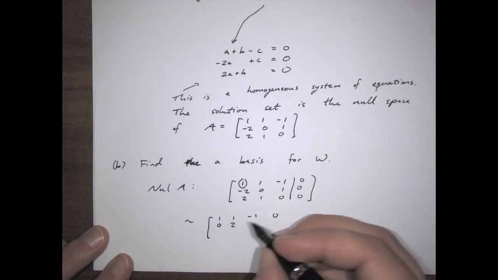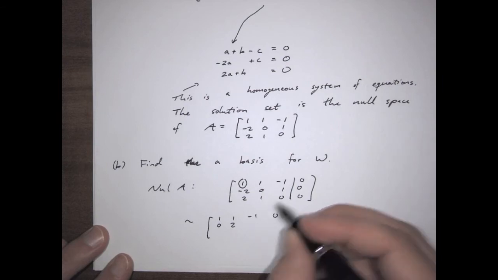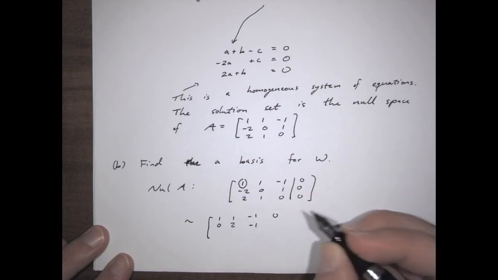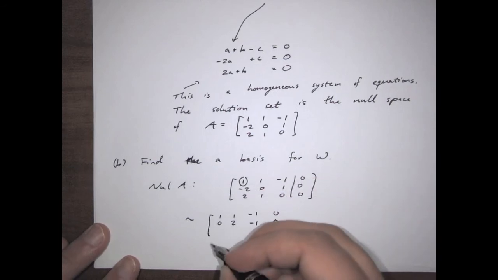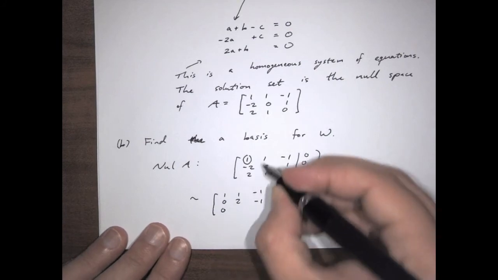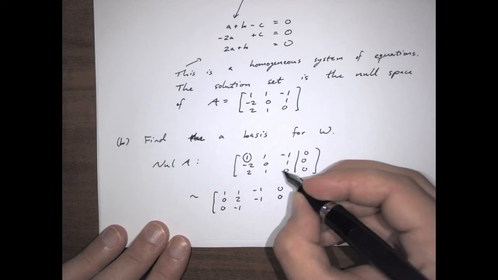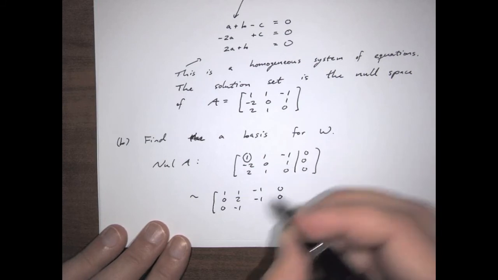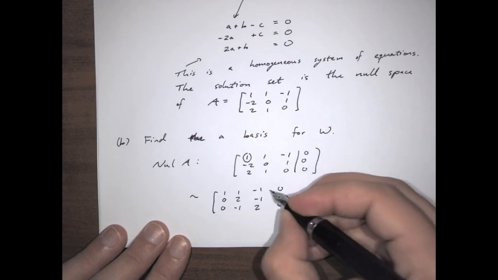And then negative 2 times row 1 plus row 3 gives 0, negative 1, and then 2.